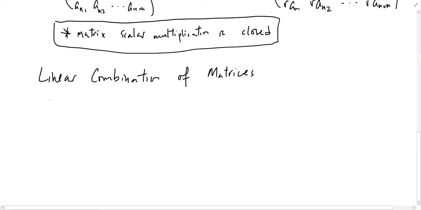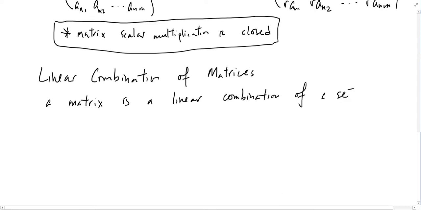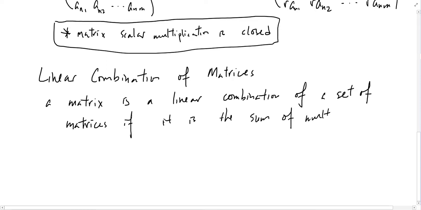A matrix is a linear combination of a set of matrices if it is the sum of multiples of those matrices.